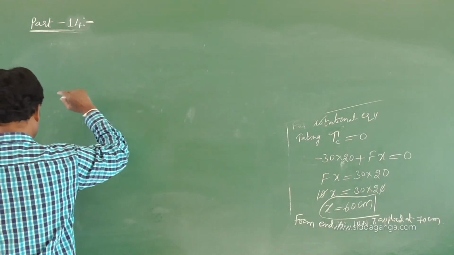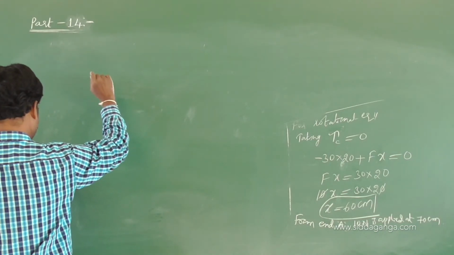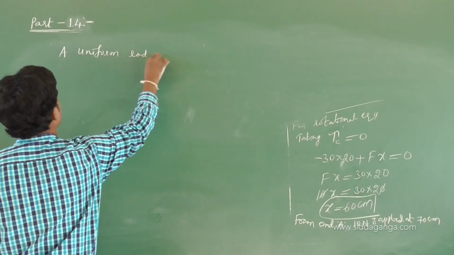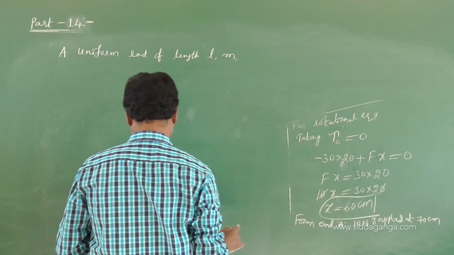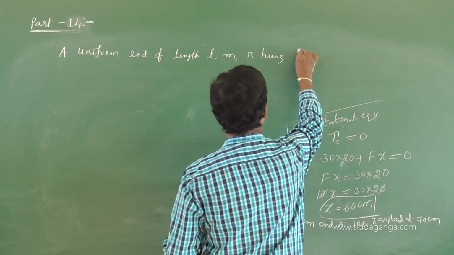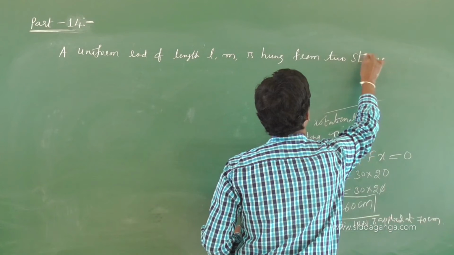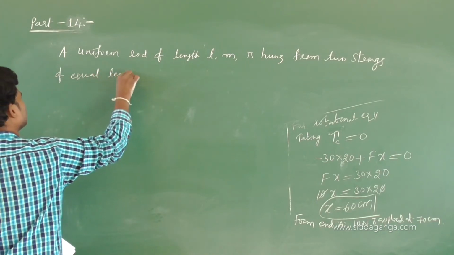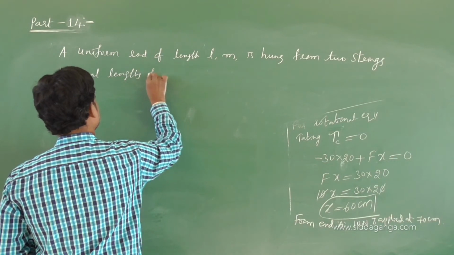A uniform rod of length L, mass M is hanged from two strings of equal length as shown in figure, from a ceiling as shown in figure.